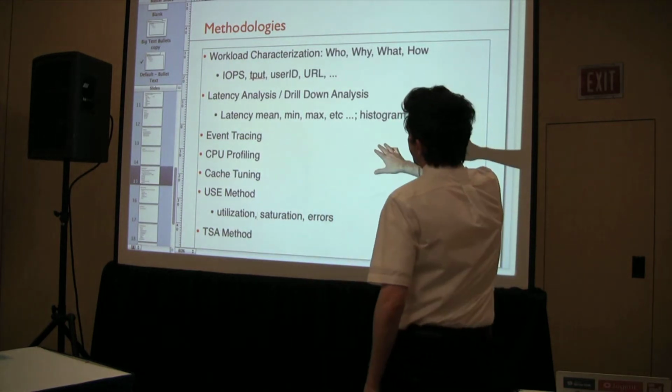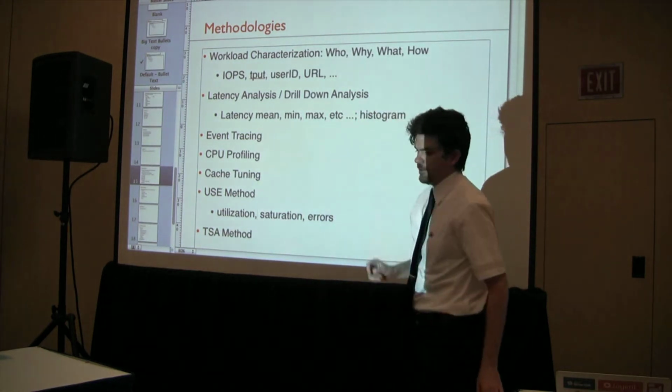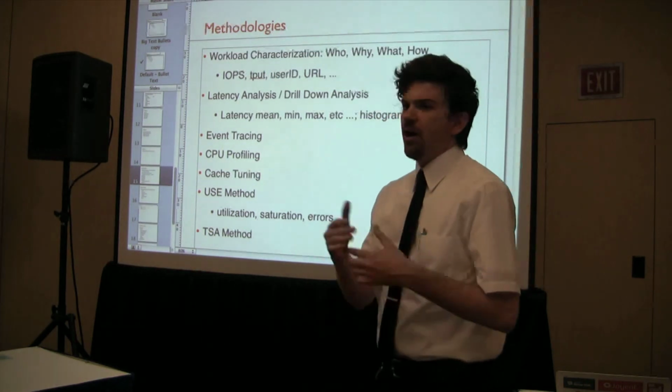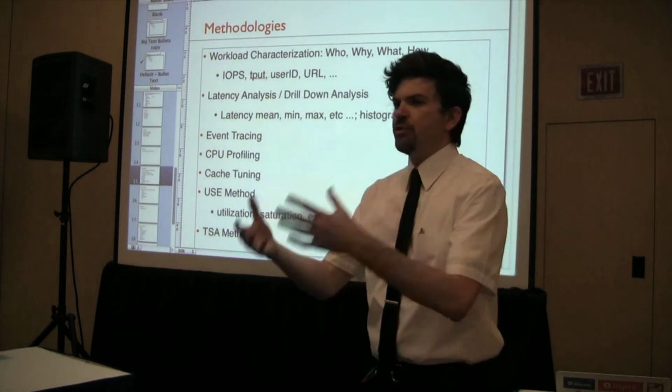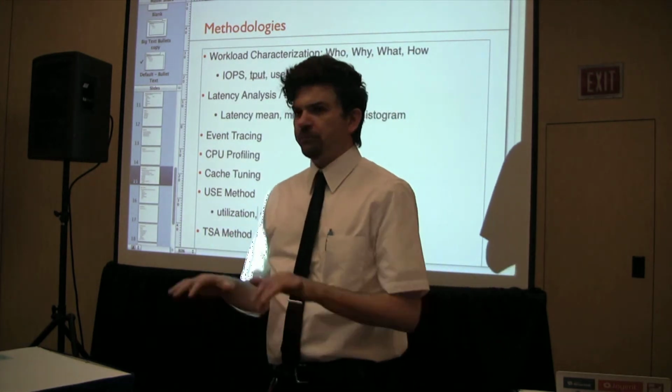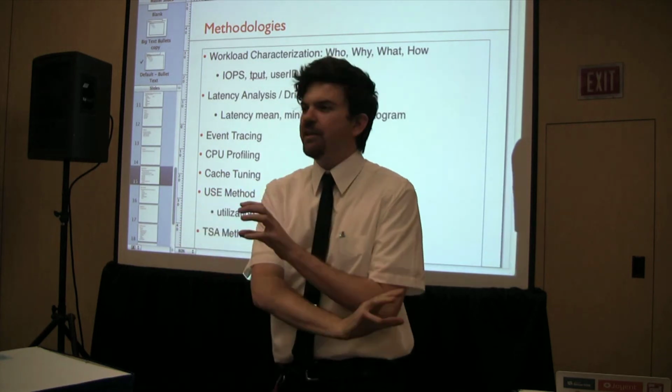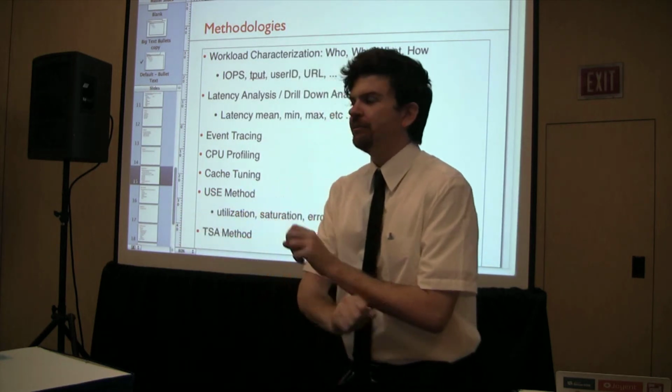So for workload characterization, the sort of metrics that are suitable include your IOPS, your throughput, user IDs, URLs. It is taking the workload and characterizing it without looking at the resulting performance yet.